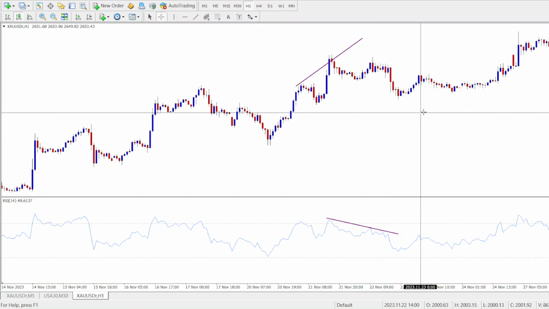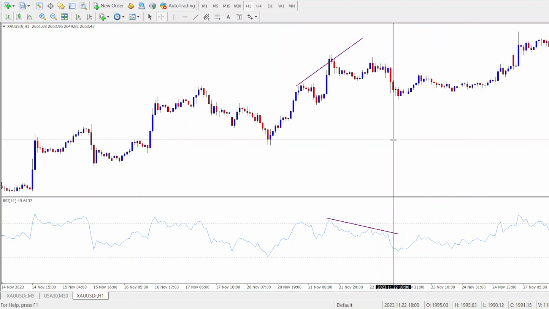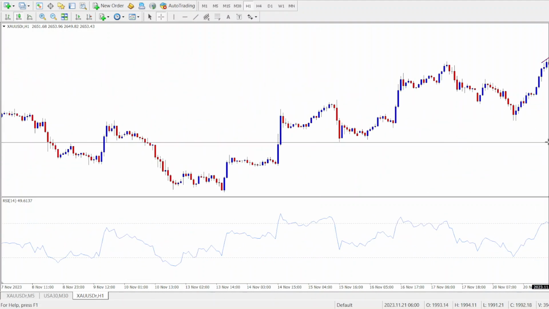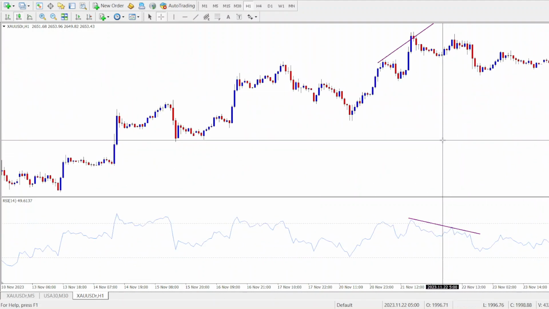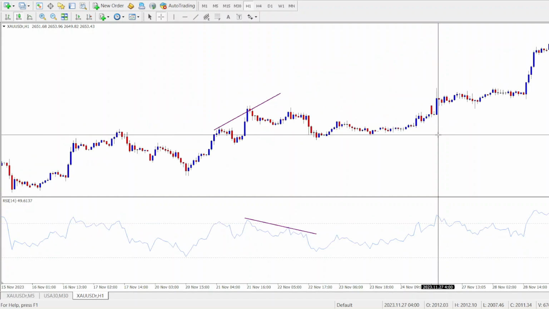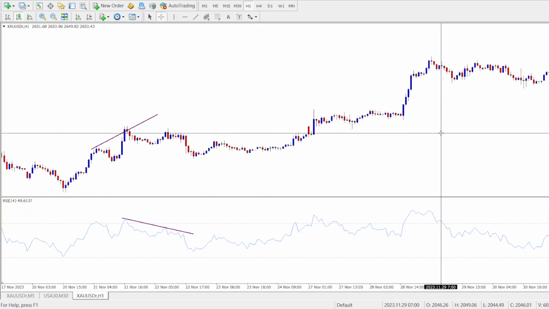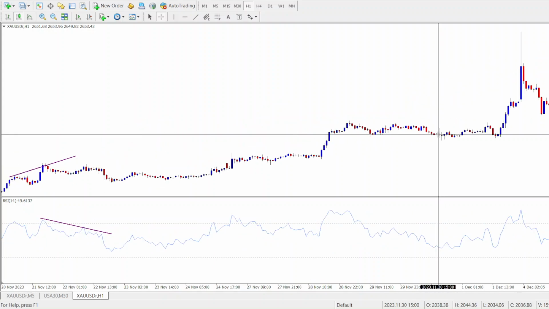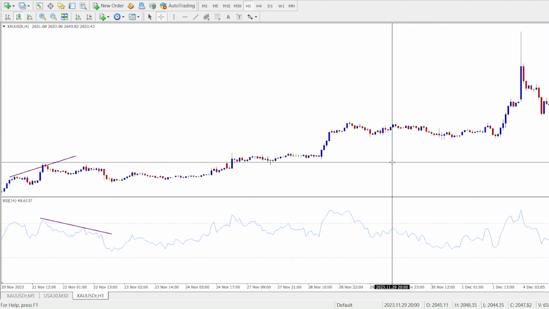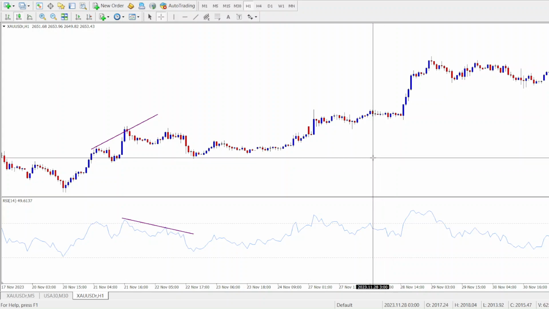Now, as for hidden divergence, we have regular divergence, which we just identified for the bullish and the bearish, and then we also have hidden divergence. The bullish hidden divergence usually occurs when the price makes a higher low, but the RSI makes a lower low.